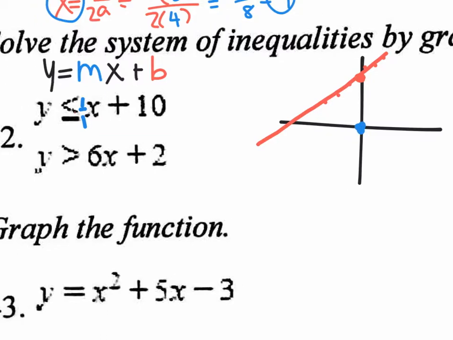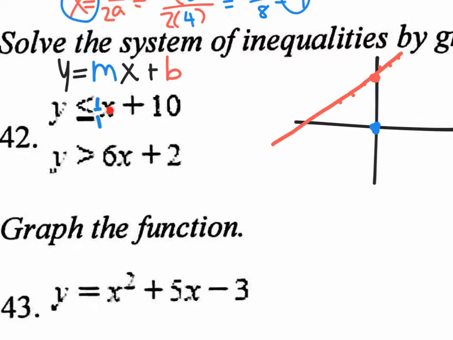So if I plug in 0 for x, 0 for y, it's going to say 0 is less than or equal to 0 plus 10. Is 0 less than 10? Yes, absolutely. So the answers so far are going to be on this side of the red line. Does that make sense?